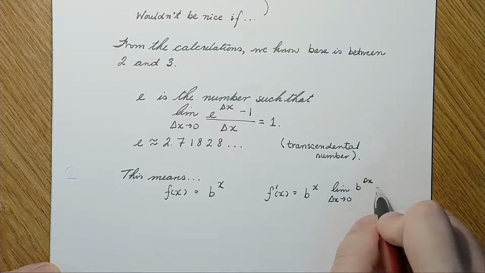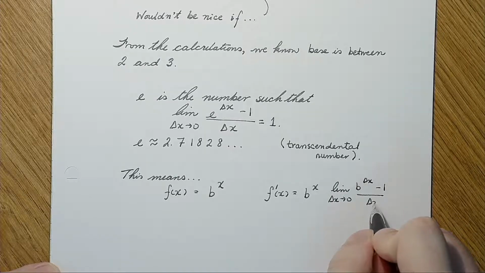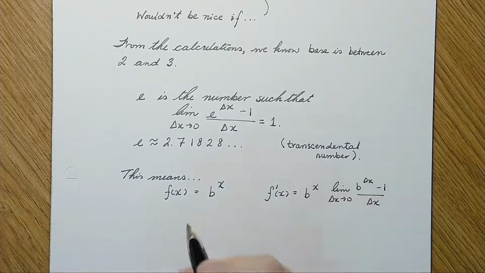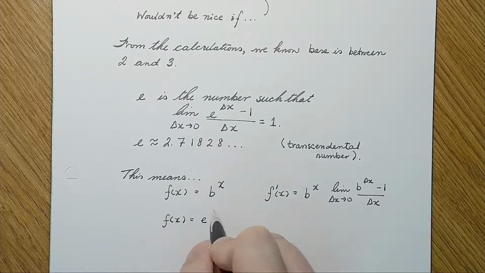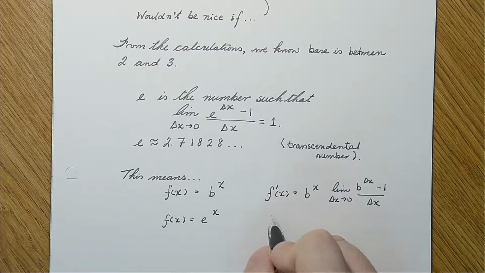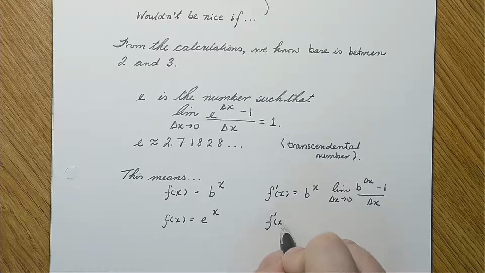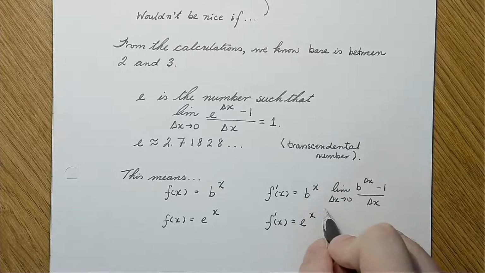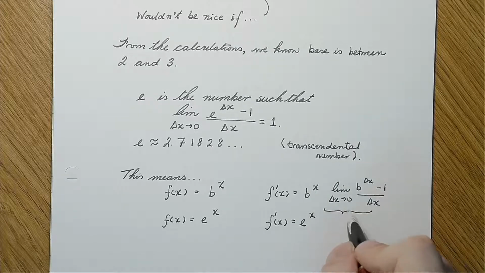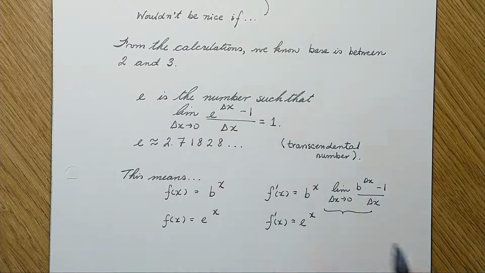Okay, that's pretty ugly. But when we look at this case of e to the x, well, that becomes e to the x, and from this part right here, I've already said that e is such a number that that limit here is going to equal 1. So it's times 1, or that's equal to e to the x.